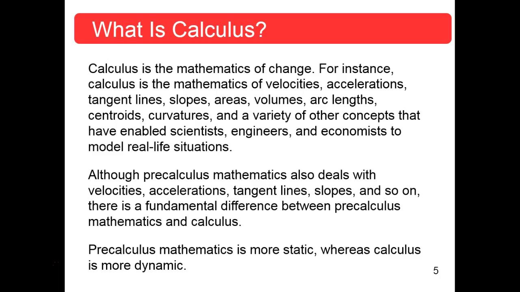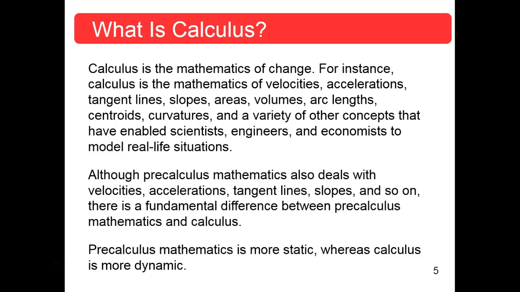Now, another guy in Germany also, Gottfried Leibniz, was working on the same thing too, but there was a big dispute over whether Leibniz stole some of Newton's work or not, or whatever. But anyway, those were happening. Although pre-calculus mathematics deals with velocities, with accelerations, with tangent lines, with slopes, and so on, there's a fundamental difference between pre-calculus mathematics and actual calculus.